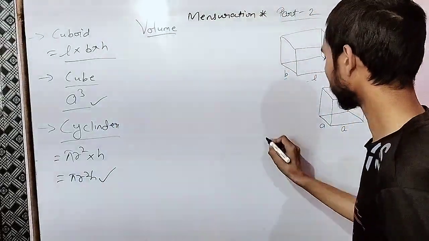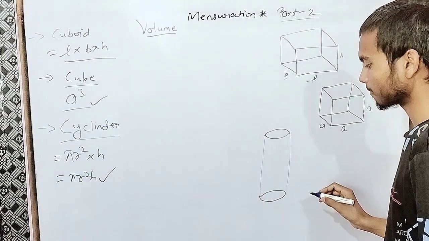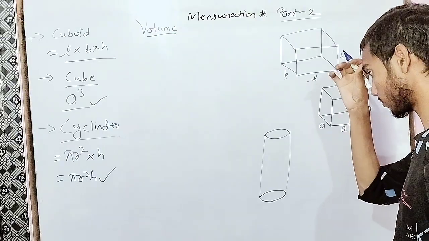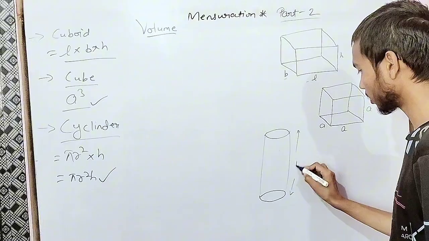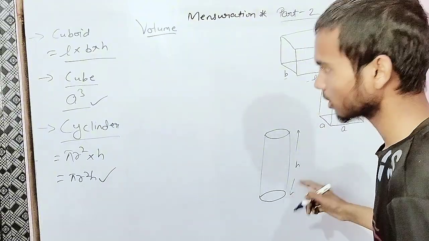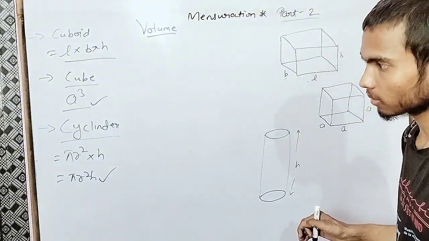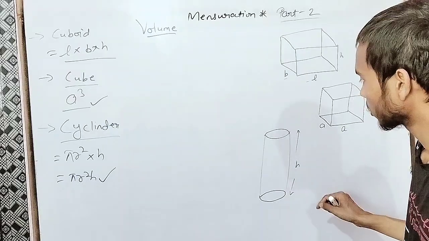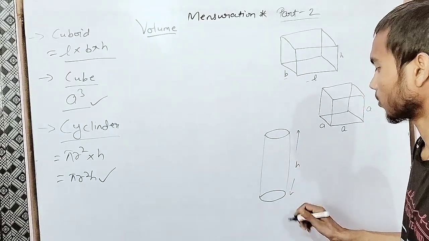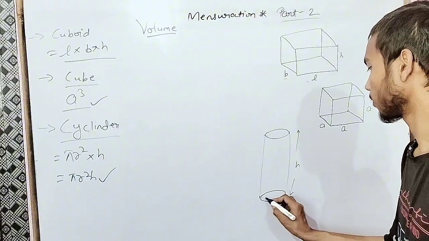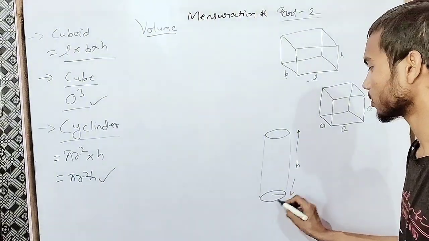Now the cylinder. This is a cylinder. We already know this is the height, and this is the breadth. Now we have this, the radius.